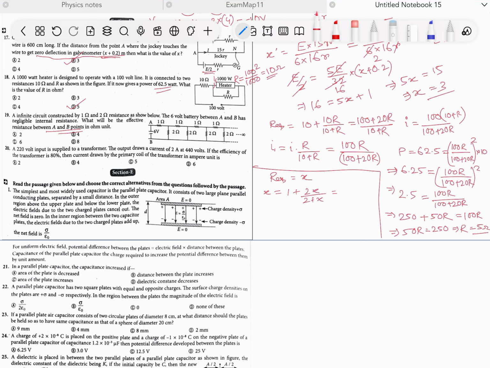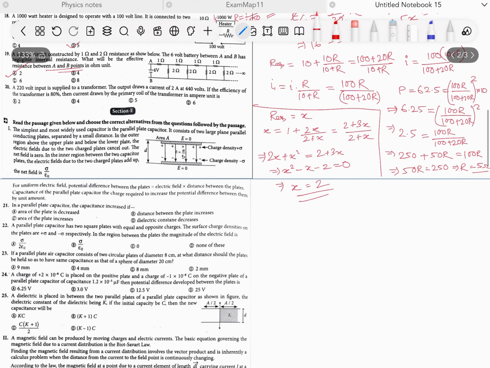So we can write it as 2 plus 3x by 2 plus x. Okay, so we can write 2x plus x square equal to 2 plus 3x. That means x square minus x minus 2 equal to 0. So we find the positive value, x is 2. So x equal to 2 is the right answer.